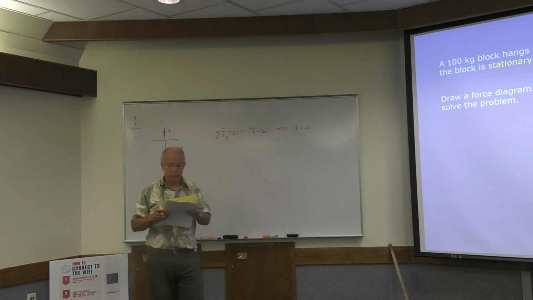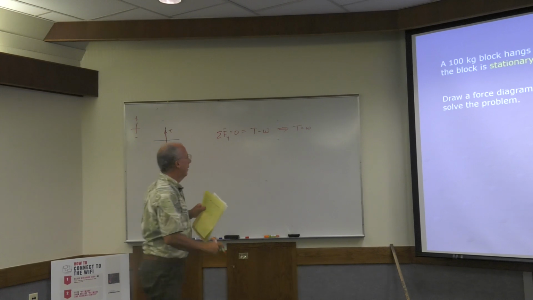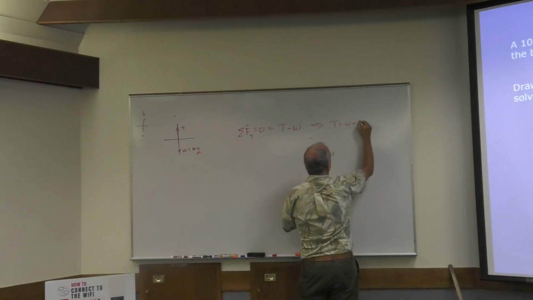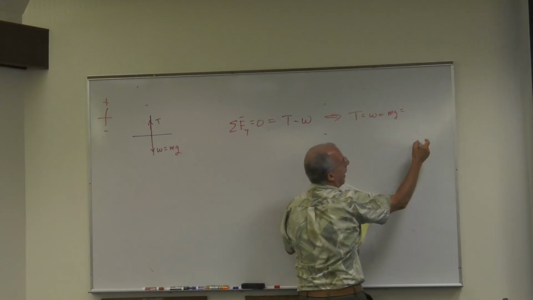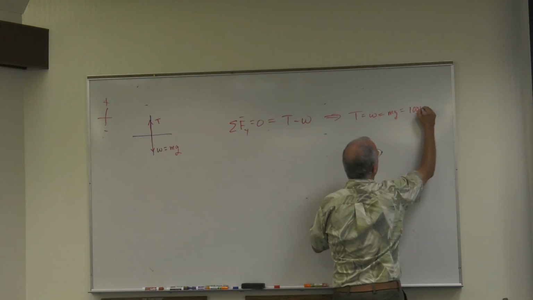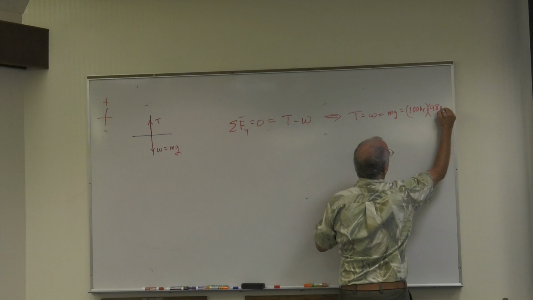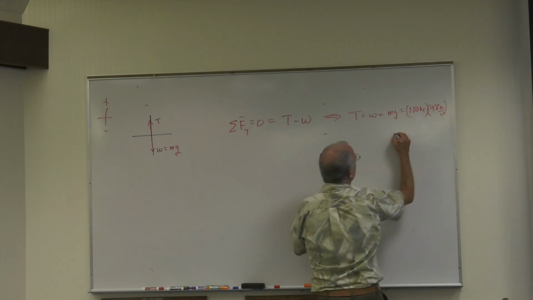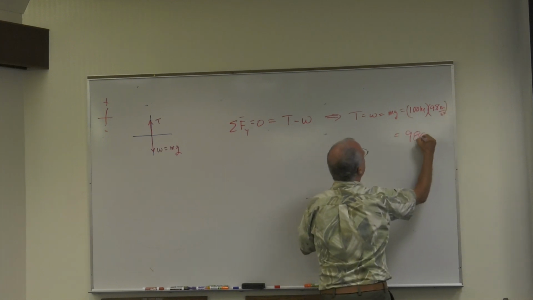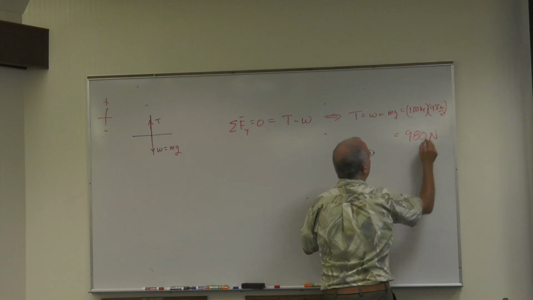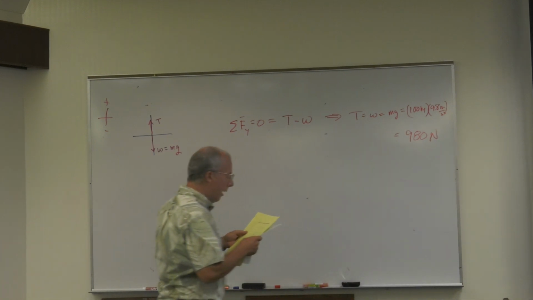That's all there is to it. And the weight is equal to mg. The mass is 100 kilograms. g is 9.8 meters per second squared. So that's 980 newtons. So that's the answer: 980 newtons.